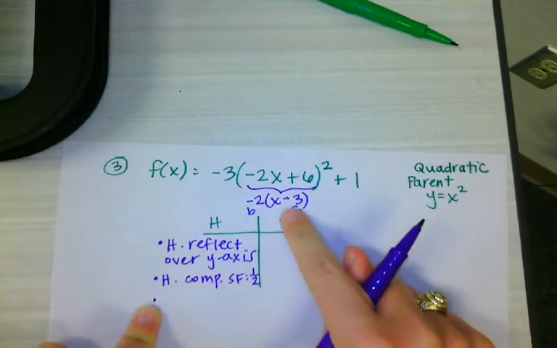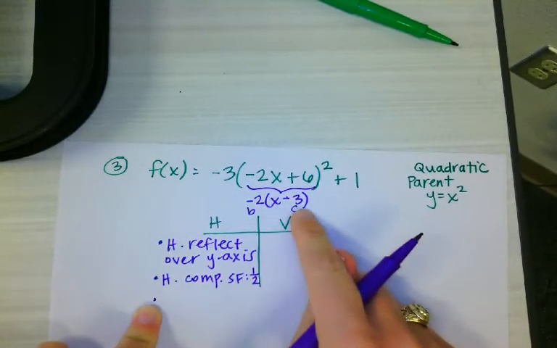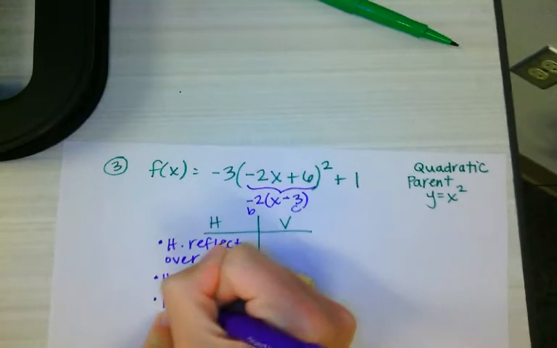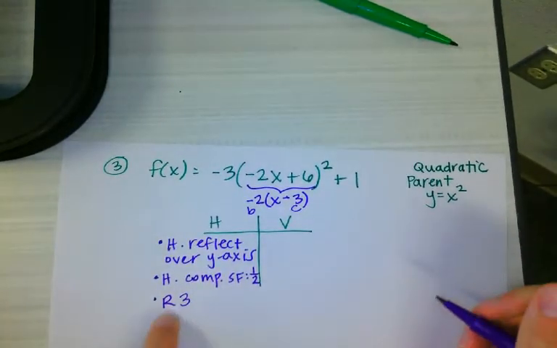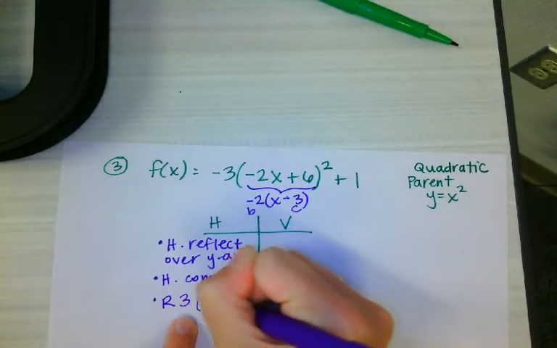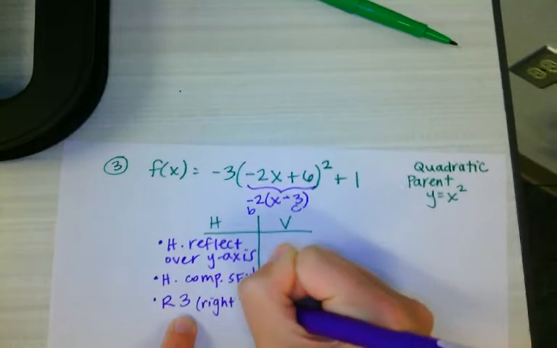The third change I see is x minus 3. Remember, that's going to shift the opposite, I would think. It's going to shift to the right 3 units, and it's fine with me if you notate that with just R3. Or if you want to write out the word right, that's fine.